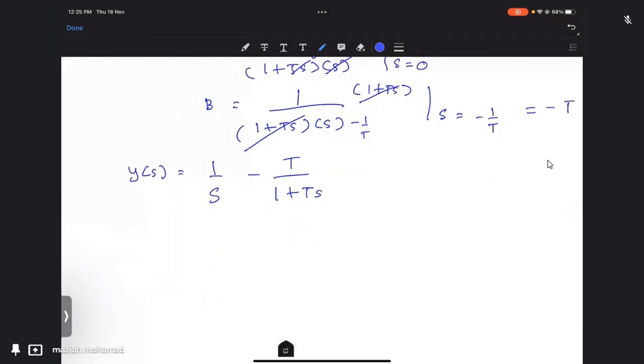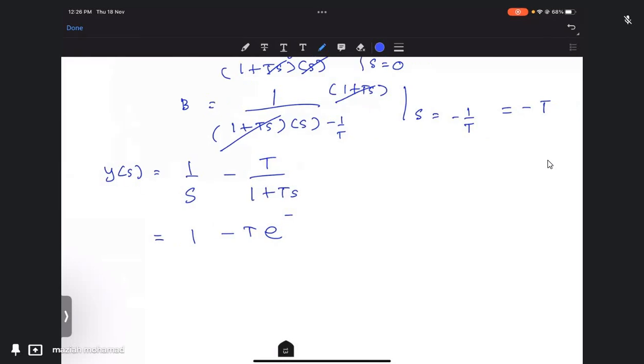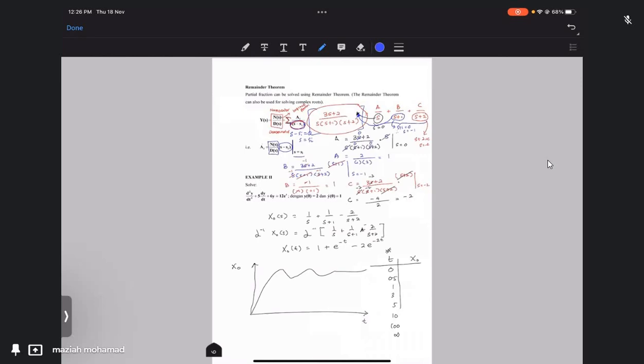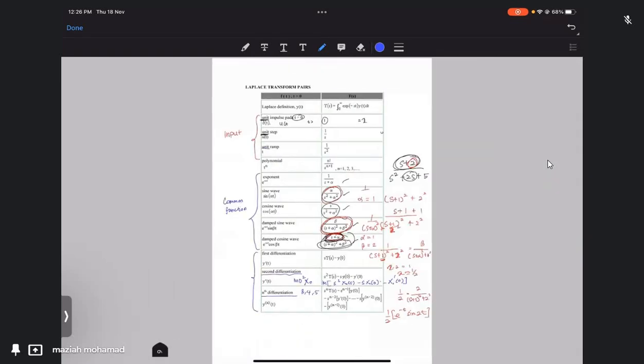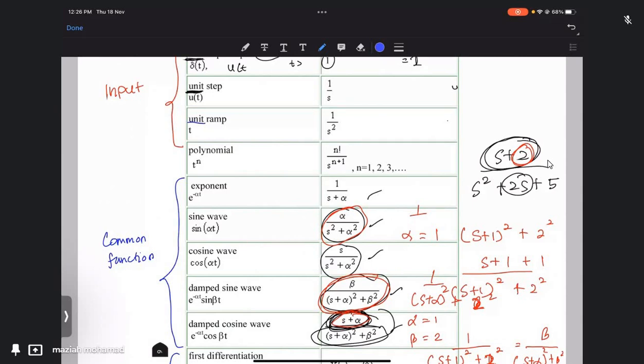Okay, so if we inverse that, we get 1 minus T exponent negative, let me refer to the table.